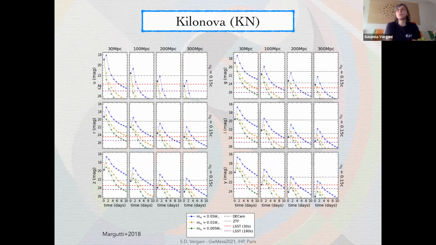But again here, what I want you to see is that the flux decreases pretty rapidly as a function of time. This is the time in days. And also that as I go farther in distance, the fainter the flux becomes, dramatically fainter in some cases, okay?